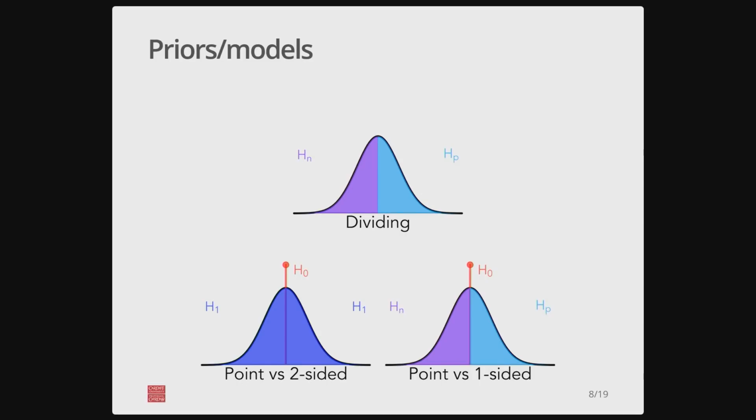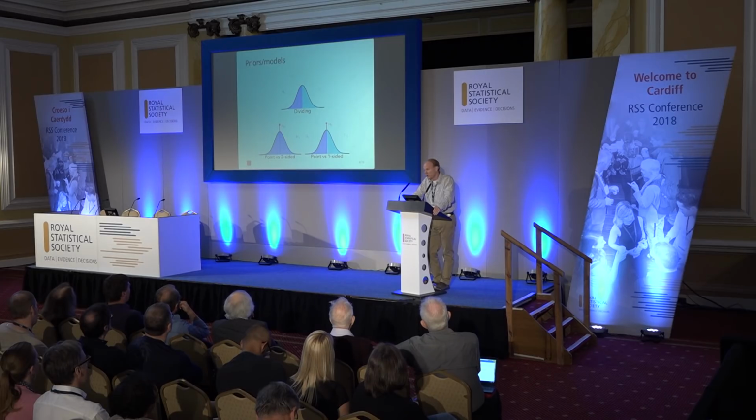From a Bayesian perspective, there are a number of ways of thinking about how you're going to build a model that corresponds to a significance test. Up on the top here, we can think of two. I'm going to focus on this pretty simple case that corresponds to, say, a z-test or a t-test, where we have positive and negative effects. And we can think of there being two hypotheses.